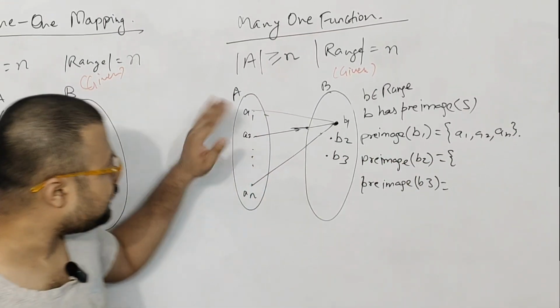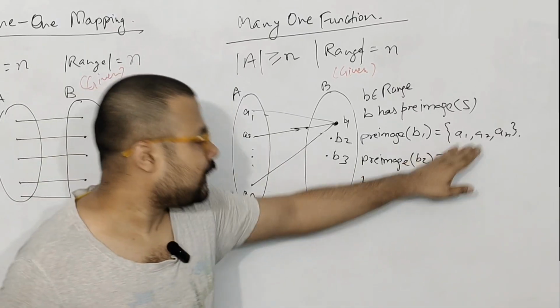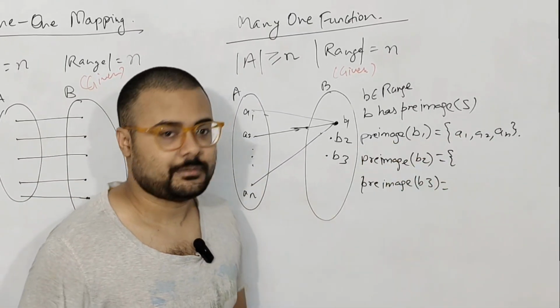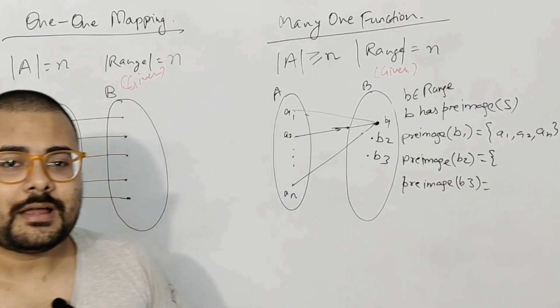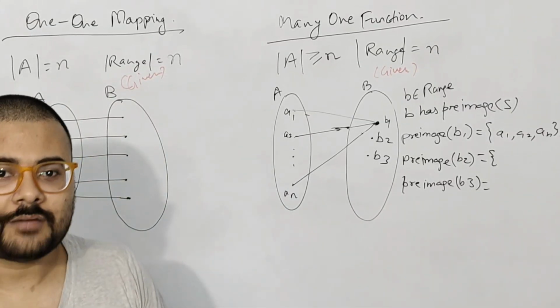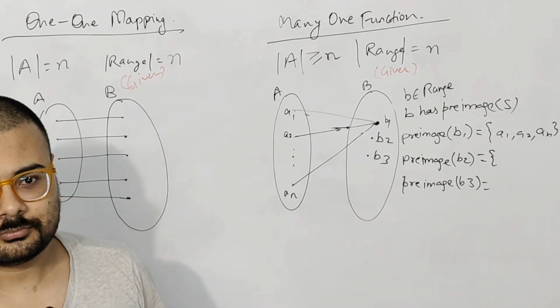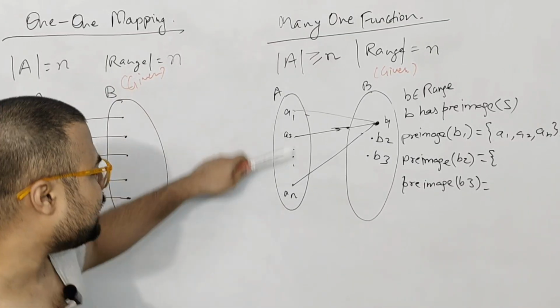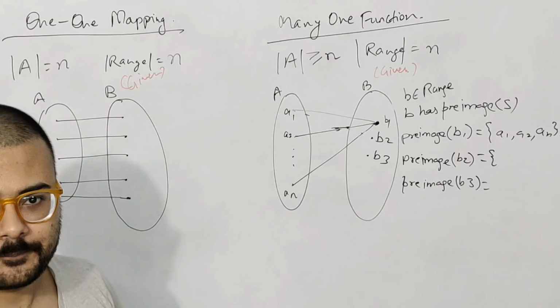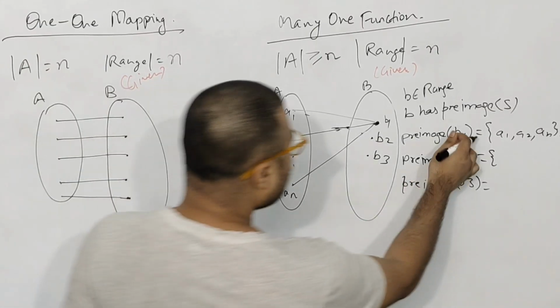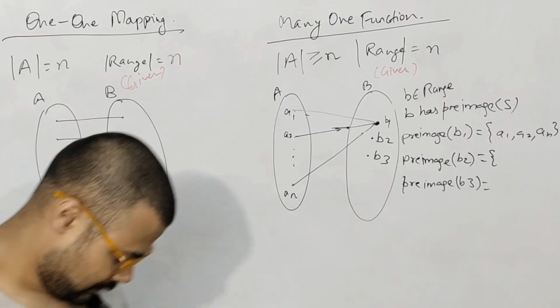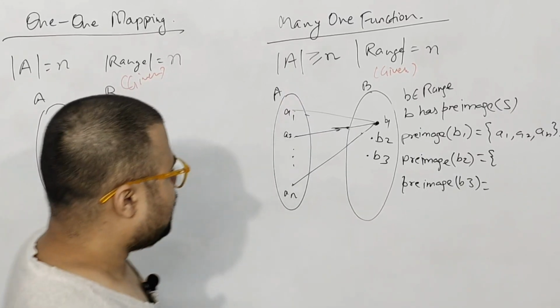It will not remain a function if any other element of the range has the same pre-image. Any two elements of the range cannot have a common pre-image, because of the definition of a function that elements of A have to be uniquely mapped.